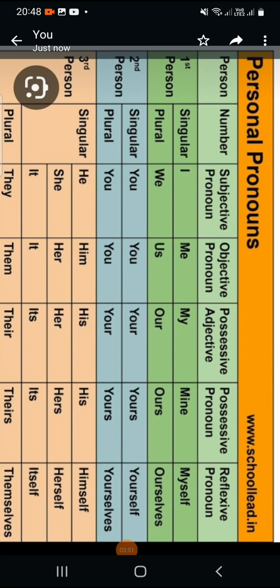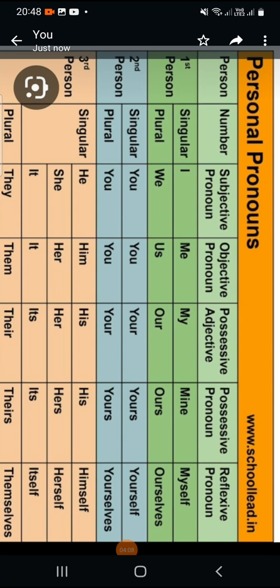So Ram killed Ravan. Killed is the verb, which is placed in between Ram and Ravan. And who is doing the work? Ram is doing the action to Ravan. Ram is the doer here and Ravan is the receiver.